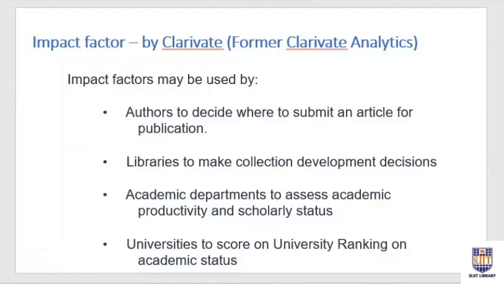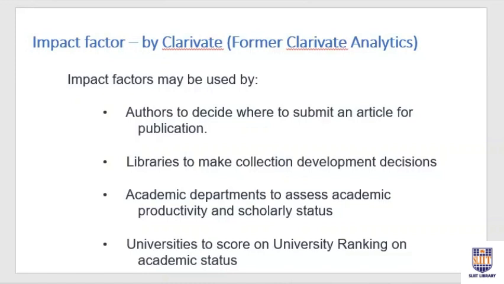Actually, the impact factor was created by Clarivate Analytics, now it is Clarivate, and is used by authors to decide where to submit an article for publishing. This impact factor is very, very important to understand the reputation of the journal.